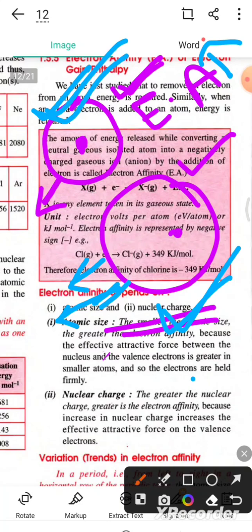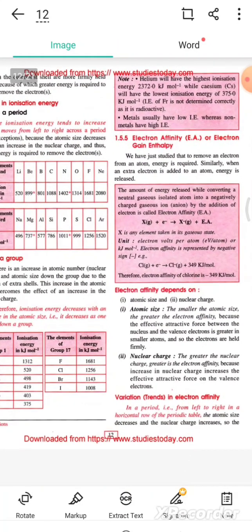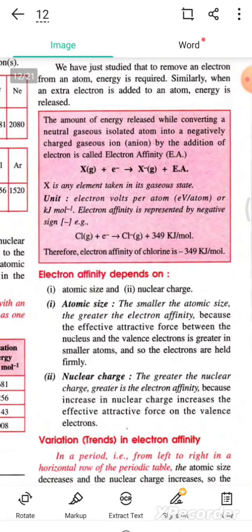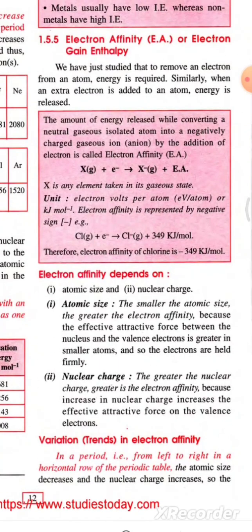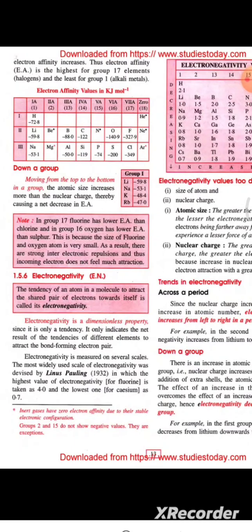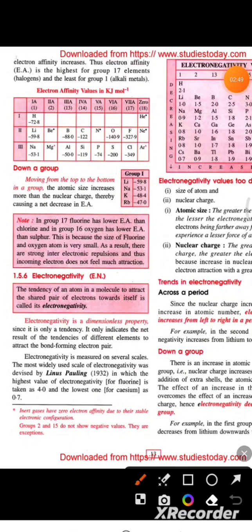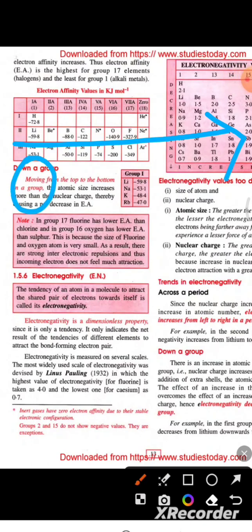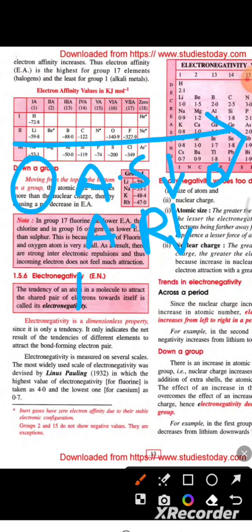Next one, let us see their variation. In a period, from left to right in a horizontal row of the periodic table, the atomic size decreases and the nuclear charge increases, so the electron affinity increases. That means across a period, the atomic size is decreasing, atomic radius is also decreasing, and nuclear charge is increasing.